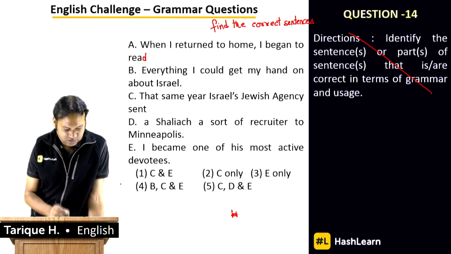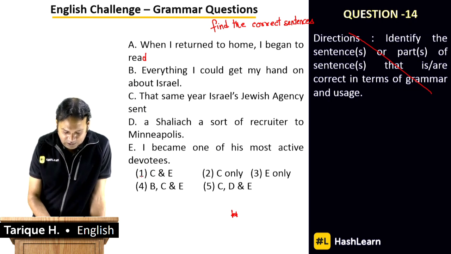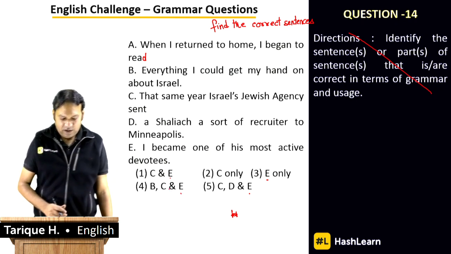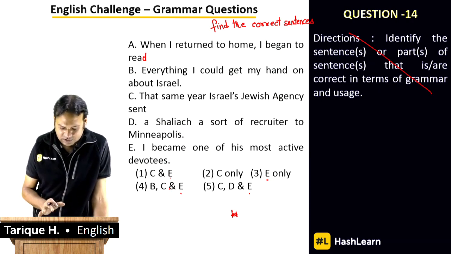One of the techniques, a very useful technique, is to look at the answer options. Answer option 1 contains E. Answer option 3 also contains E, and answer options 5 and 4 contain E. Similarly, answer options 1, 2, 4 and 5 all contain C. So we look at C and E first.